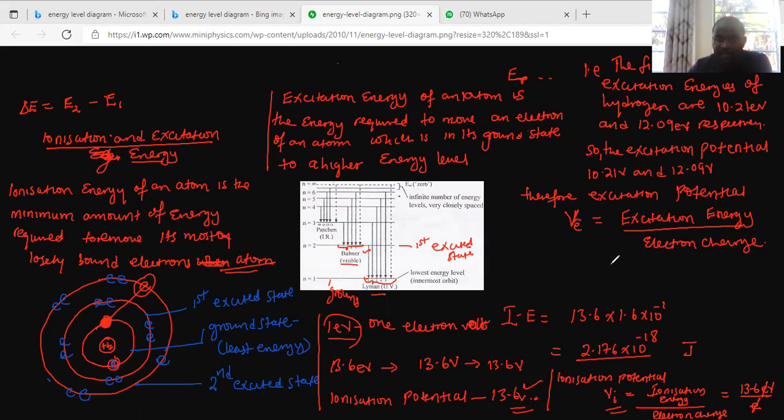So that's why I have shown you that if you have 10.21 eV as the excitation energy divided by one electronic charge, the answer becomes 10.21 volts. So the idea is the same as the way we get ionization potential from ionization energy divided by the charge.